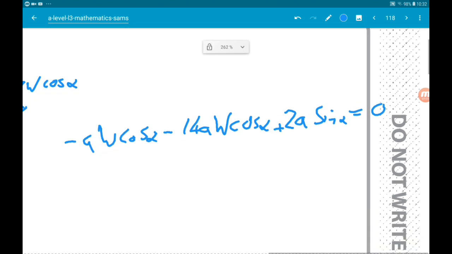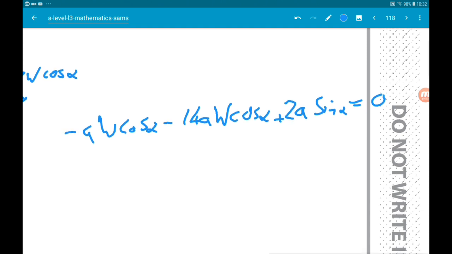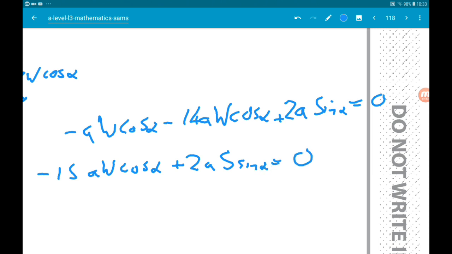So, we have then minus AW cos alpha minus 14AW cos alpha, so that's minus 15AW cos alpha, add 2A S sine of alpha is equal to 0.